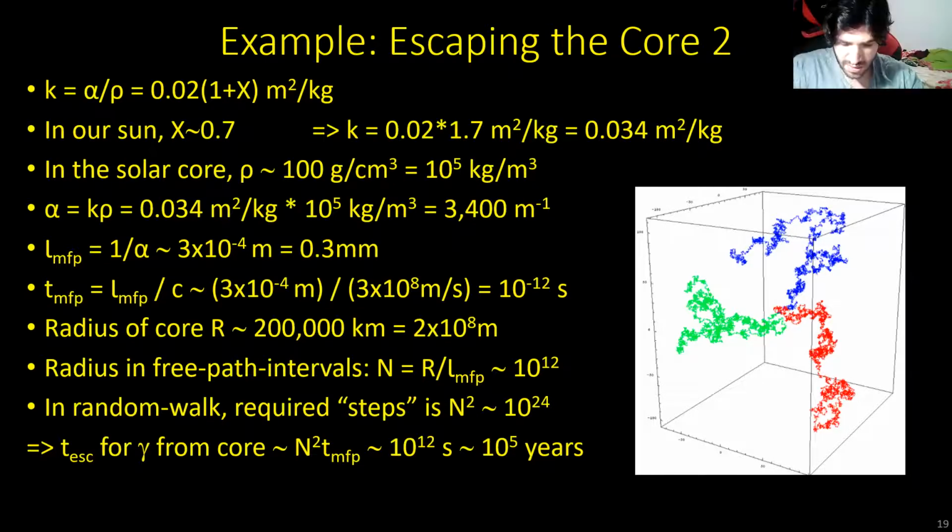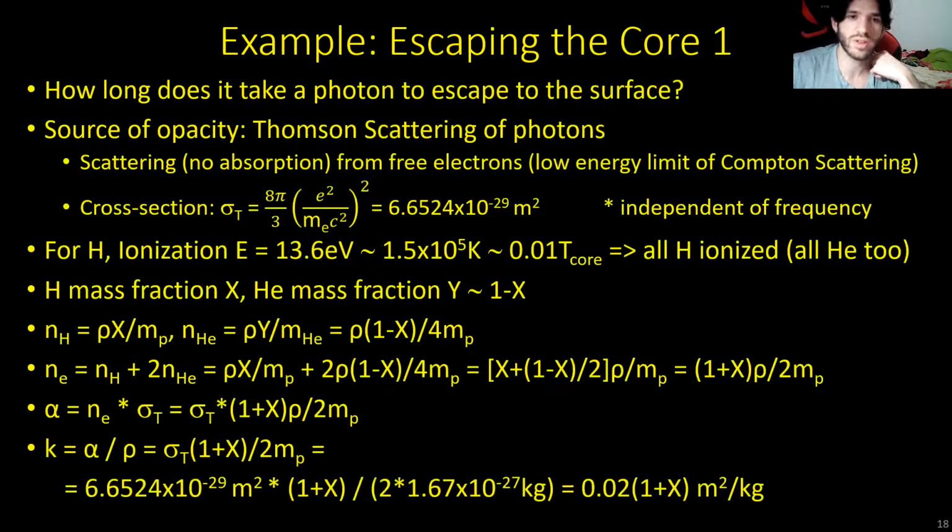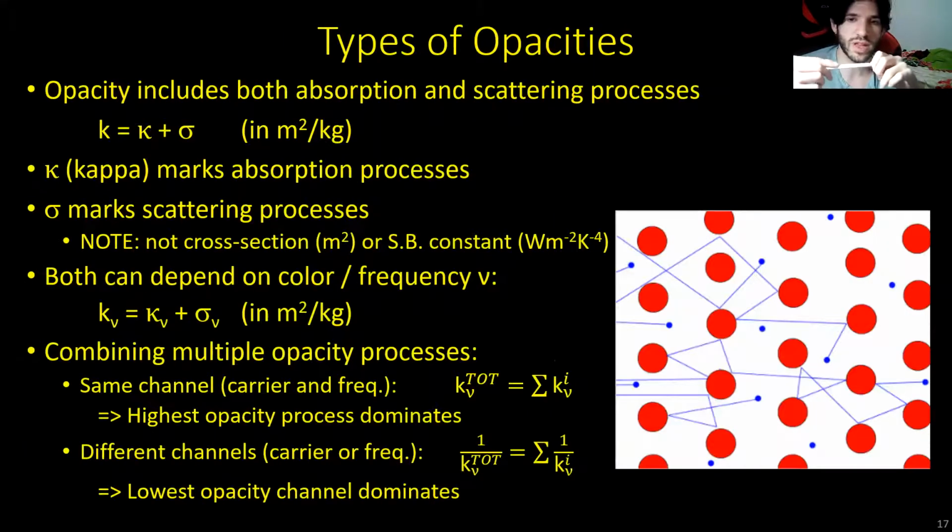Yes. I think the thing that confused me is that alpha equals n sigma, which leaves out kappa. It's a different sigma. This is what confused me, because I know that alpha should include absorption and scattering.